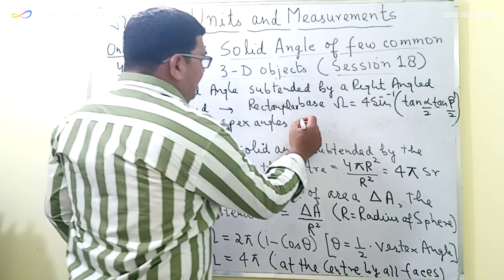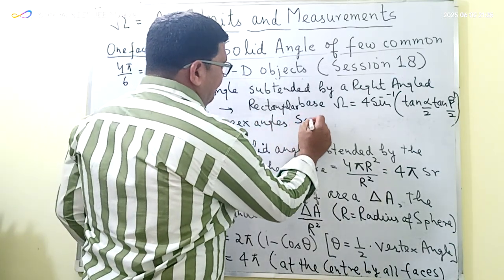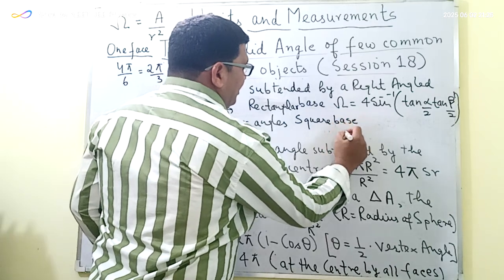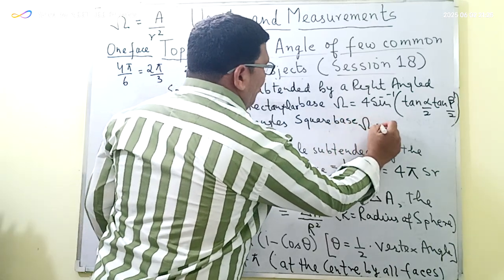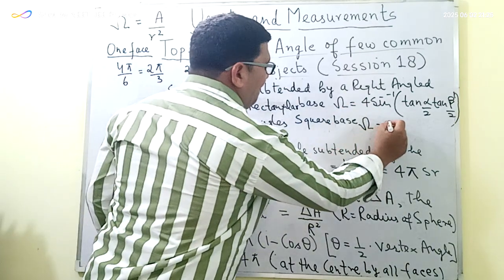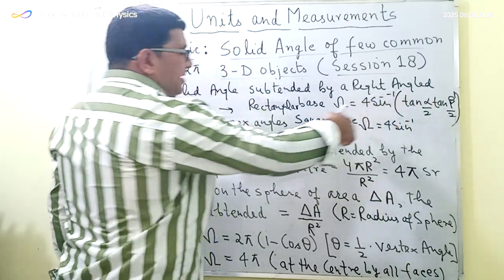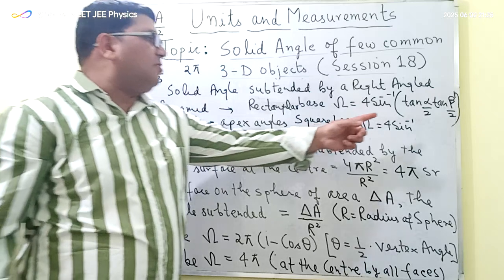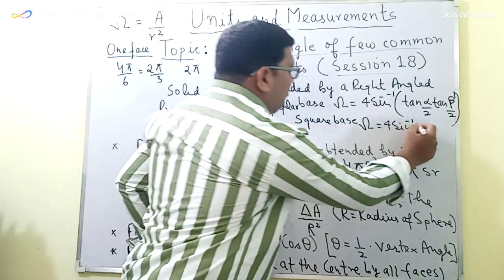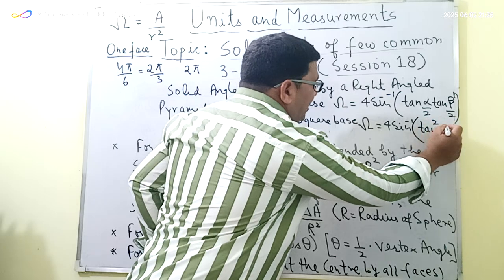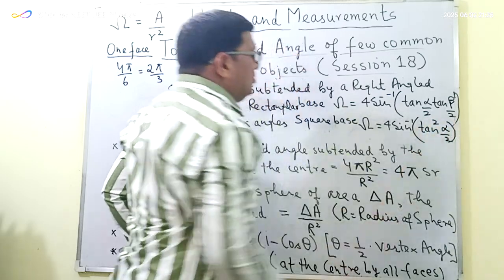Now, in the case of a square base, alpha will be equal to beta. So this formula will become 4 sine inverse tan square alpha by 2.